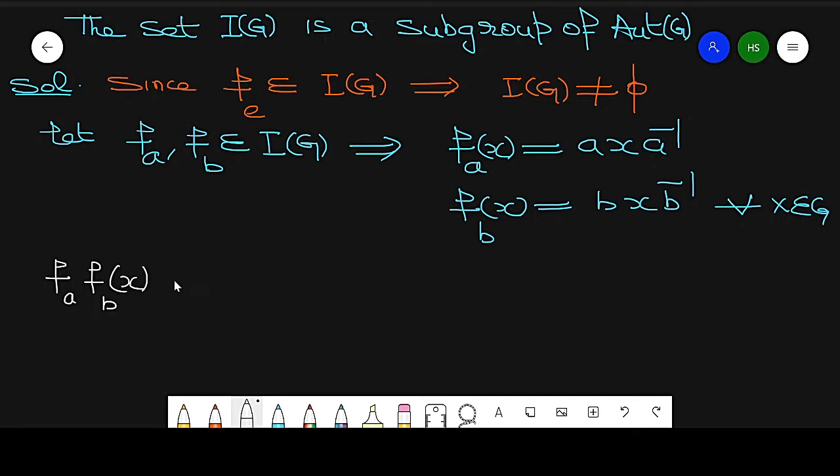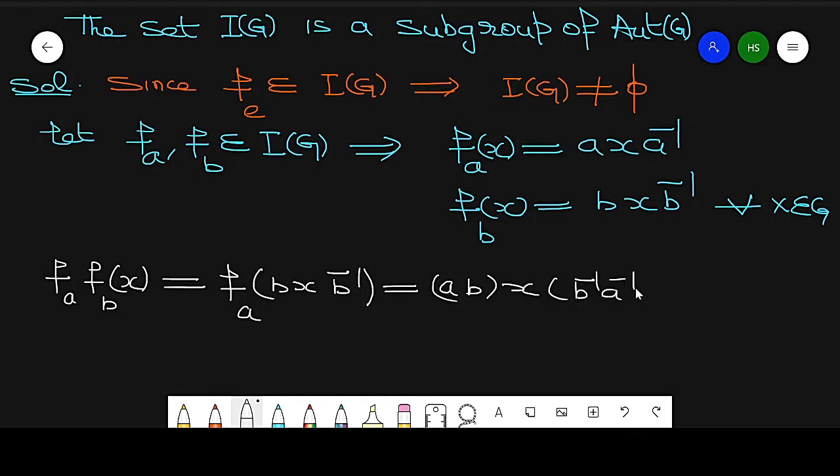Substituting the value, this is a b x b inverse a inverse, which can be written as ab x (ab) inverse.